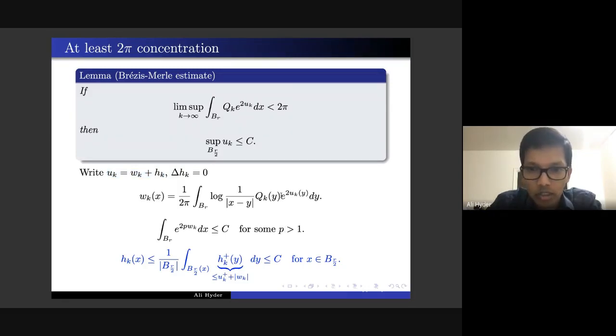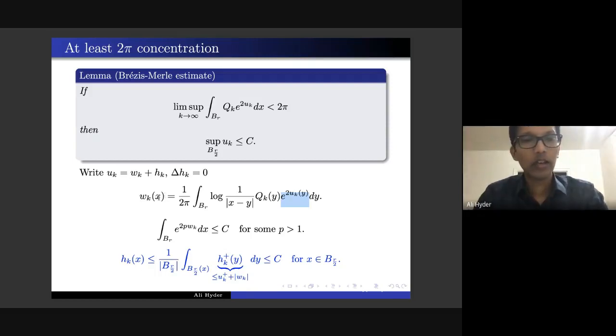So in other words, since q_k is like 1, I can ignore it. Exponential 2u_k is in a uniformly bounded L^p space. Then I can use a Hölder inequality to conclude that w_k is uniformly bounded on a smaller domain. So w_k would be uniformly bounded, and h_k has an upper bound, so that would give an upper bound on u_k.